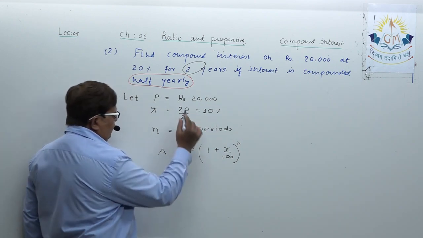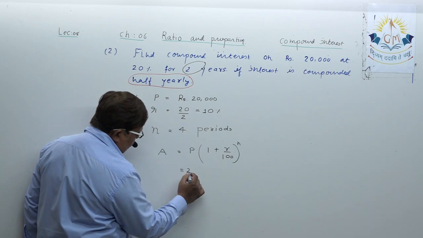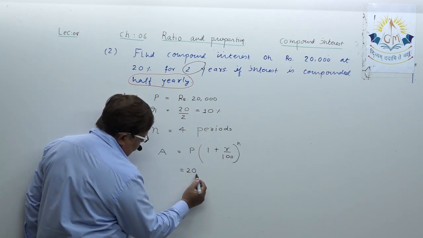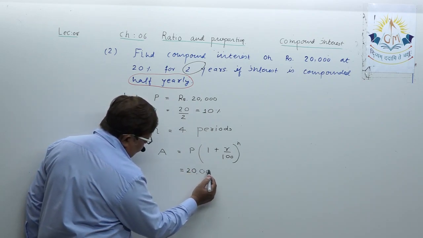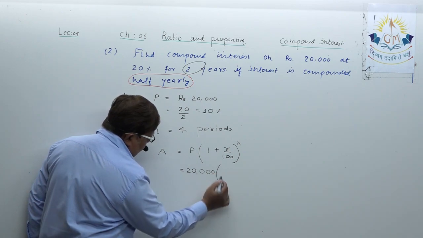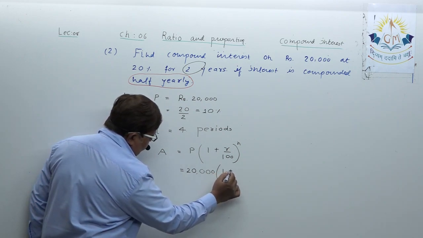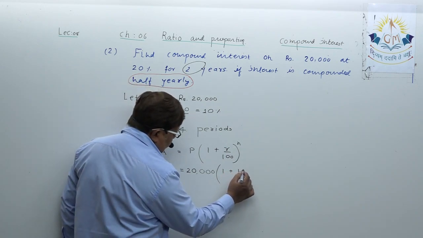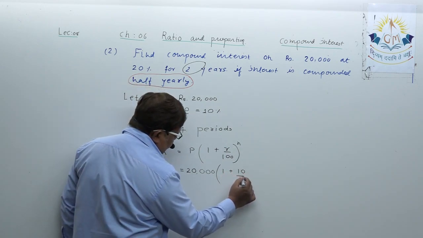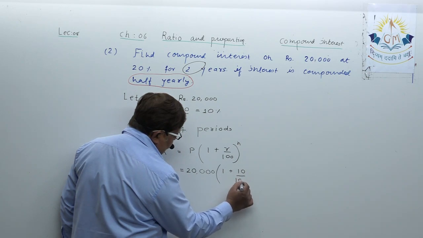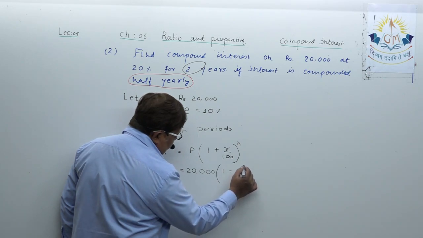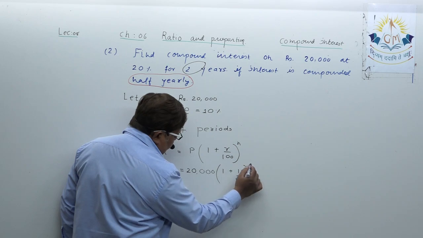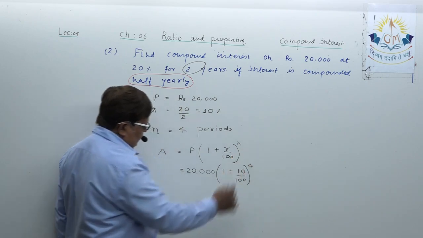First, what is the value of P? 20,000. 1 plus rate of interest 10% upon 100 raised to 4. Okay.